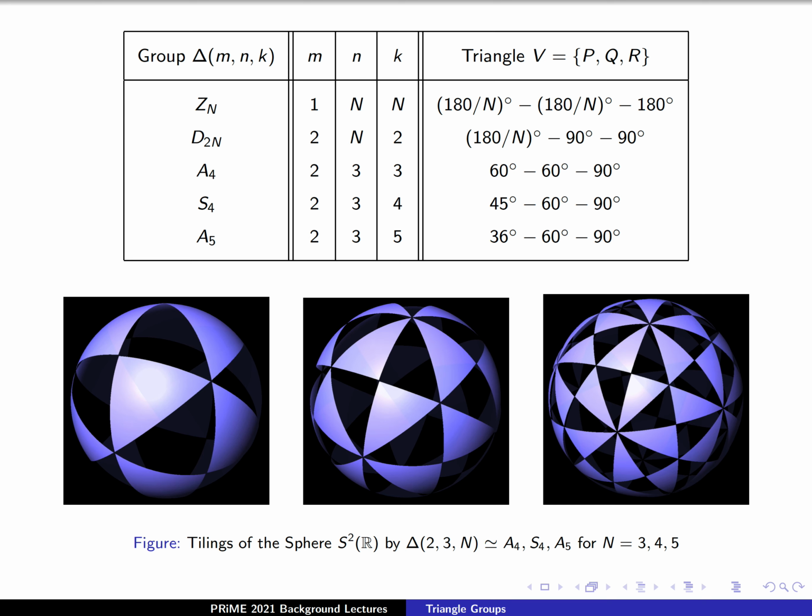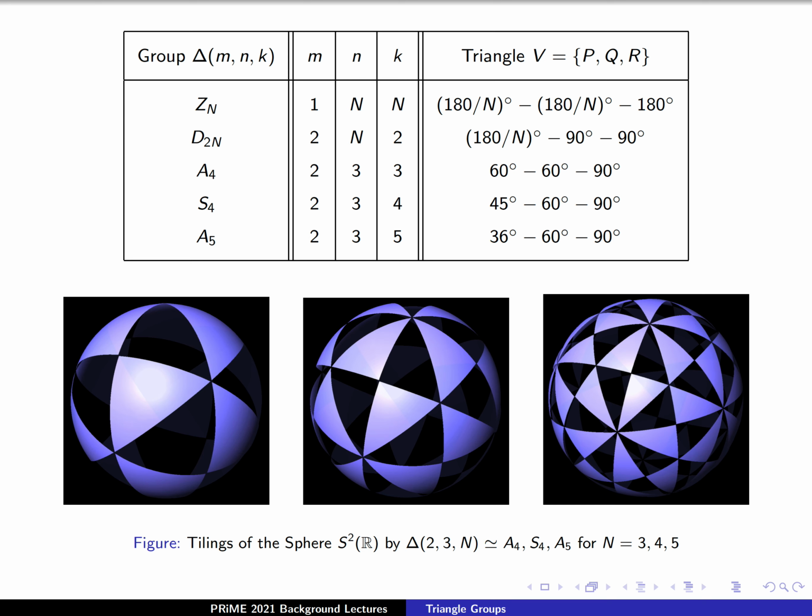Indeed, stare at a black triangle on the lower left. You can see that the angles of these triangles are indeed 60 degrees, 60 degrees, and 90 degrees. Another way to see this is that there are 2 black triangles at one vertex, 3 black triangles at another vertex, and 3 black triangles at the third vertex. This is where you can visually see the 2, 3, 3.